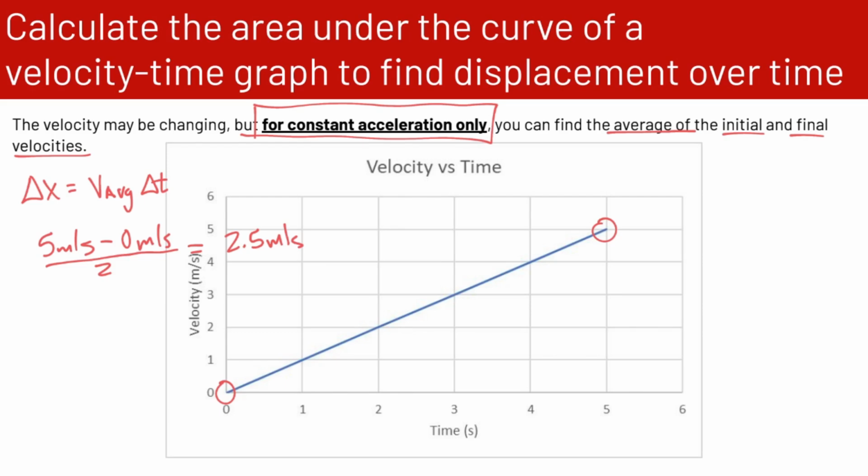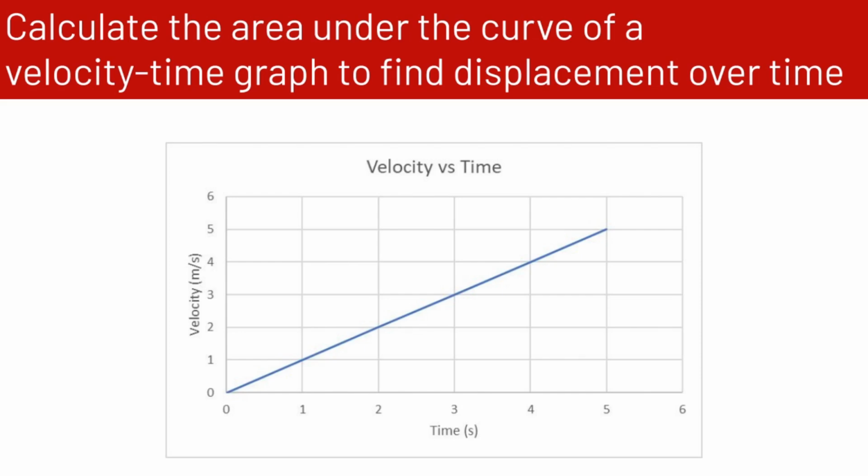So if we look at our delta x here, we have delta x is equal to 2.5 meters per second times our delta t, which is 5 seconds. So 2.5 times 5 is equal to 12.5 meters, the final displacement.